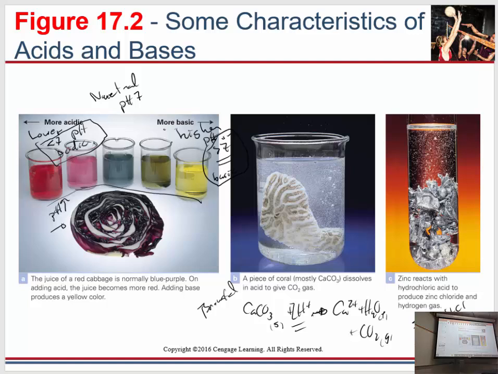This is a redox reaction because acids are also oxidizers, and that is 2H+ plus 2 electrons yields H2 gas. Zinc is not a base, so this is not an acid-base reaction. Zinc is a reducer, HCl is an oxidizer.